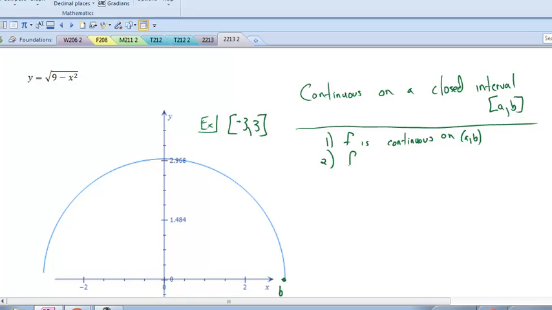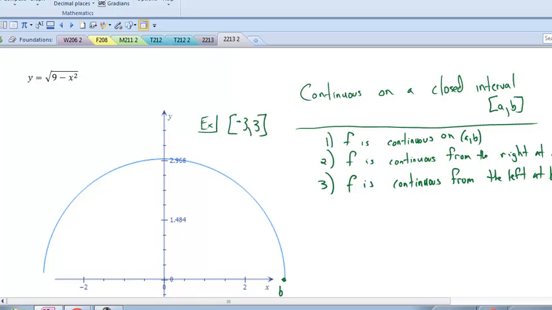The second thing we can say is that f is continuous from the right at a, and this is just the idea of breaking down the limits from side to side, and f is continuous from the left at b. Alright, so this is another definition. We've had continuity before, but we wanted to put it in a framework that we understand, and then we're going to build on this in the next video.